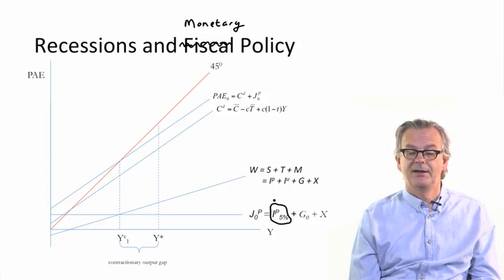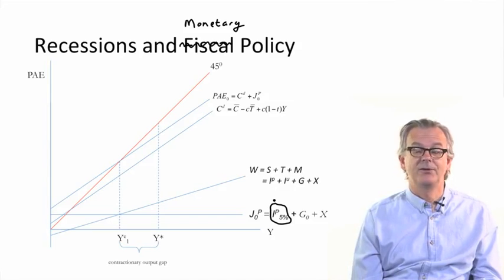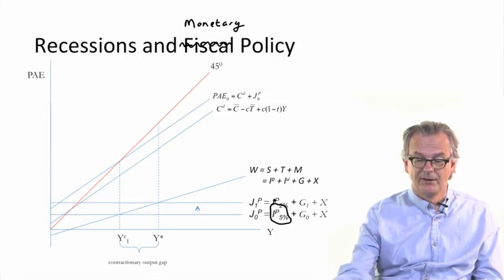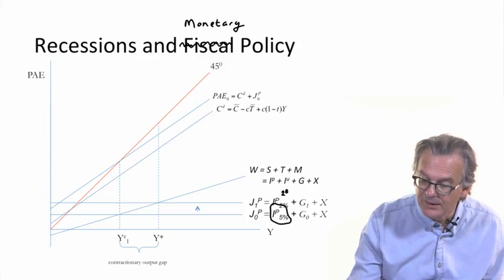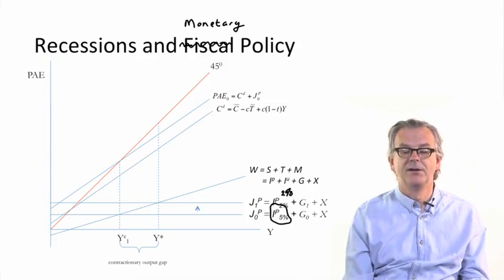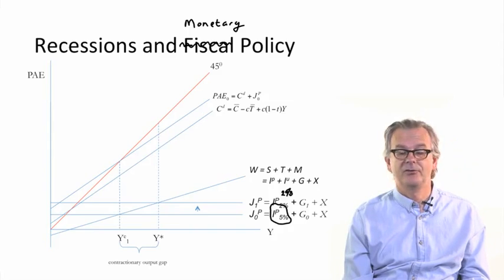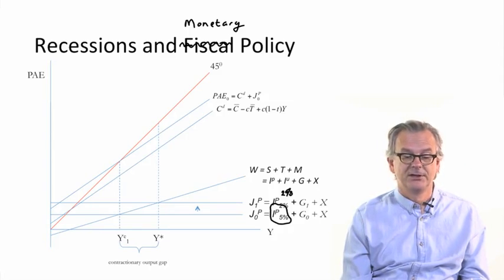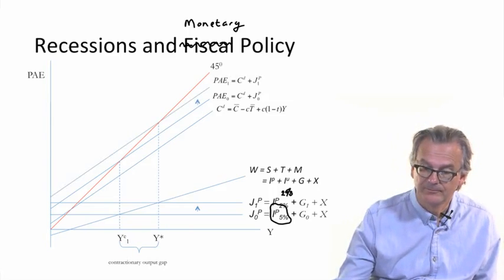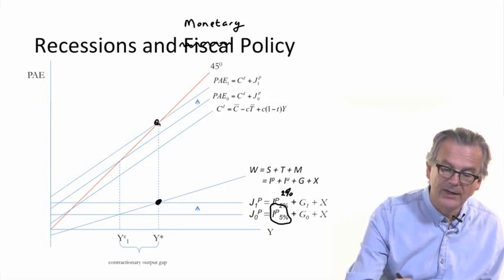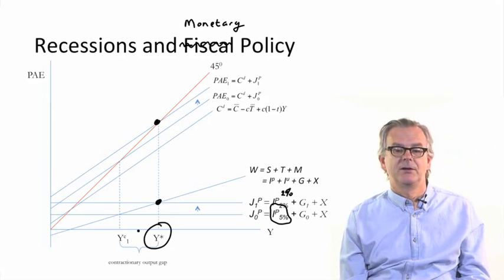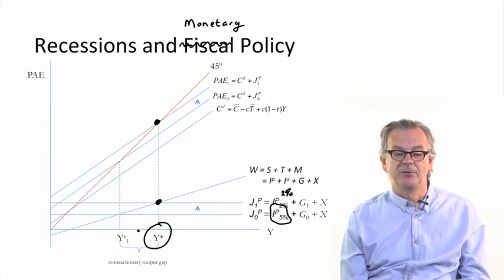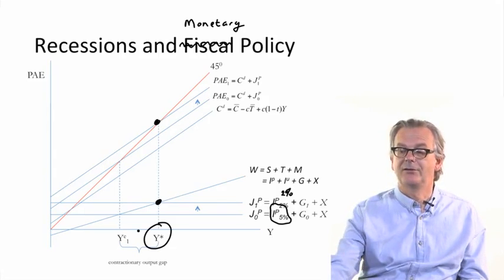So if that's the level of planned injections associated with a real interest rate of 5%, then the role for monetary policy is perhaps to cut the real interest rate to 2%, in doing so providing encouragement for firms to boost their planned investment, shifting the planned investment line upwards and restoring equilibrium at potential GDP. So that's the monetary policy approach to trying to address a contractionary output gap.